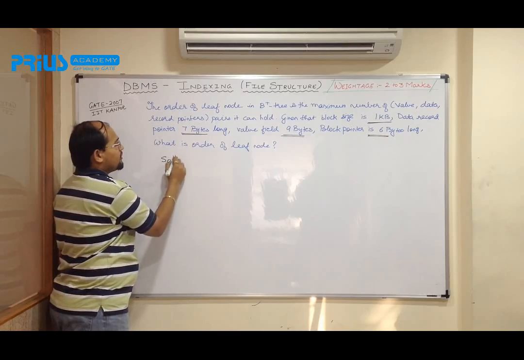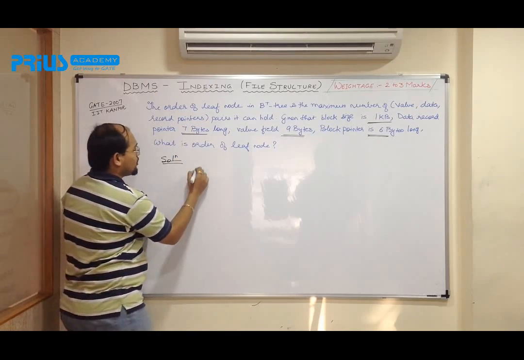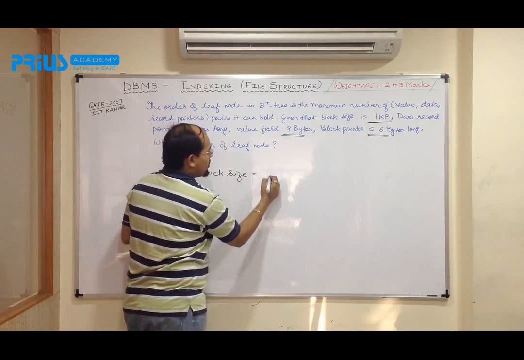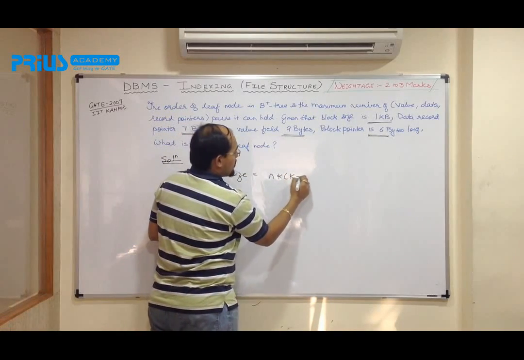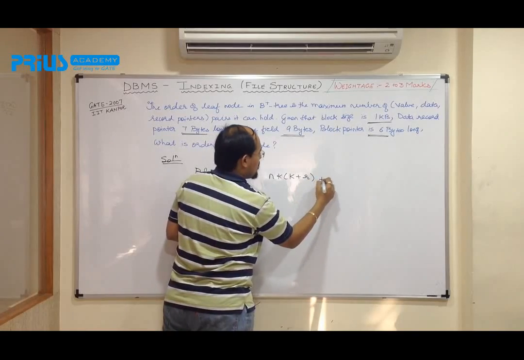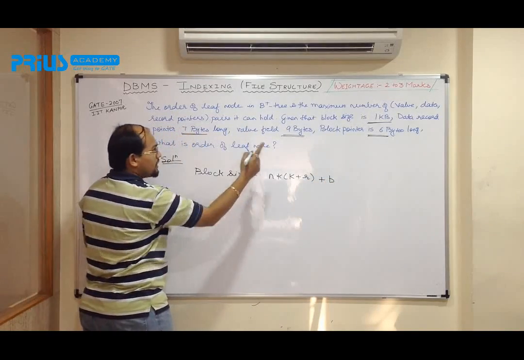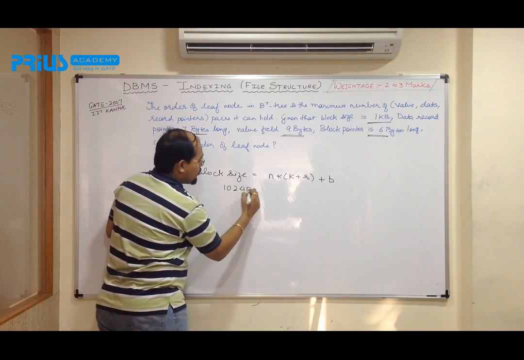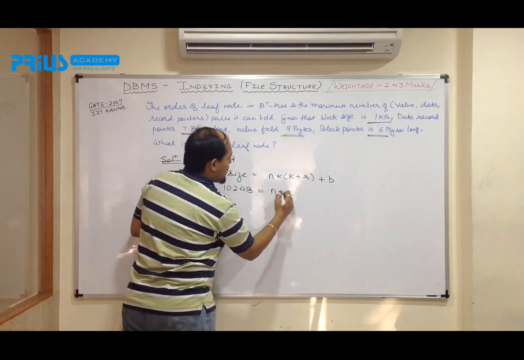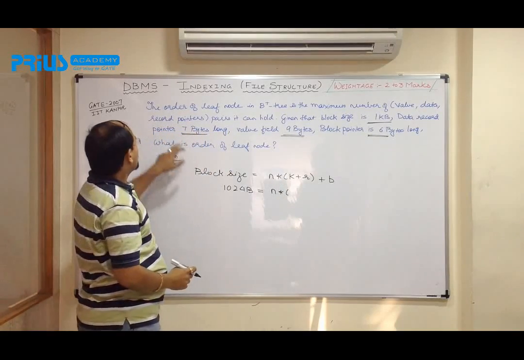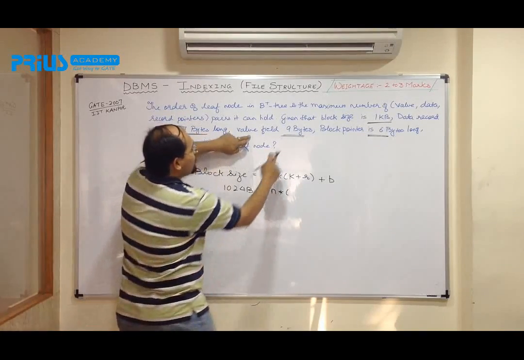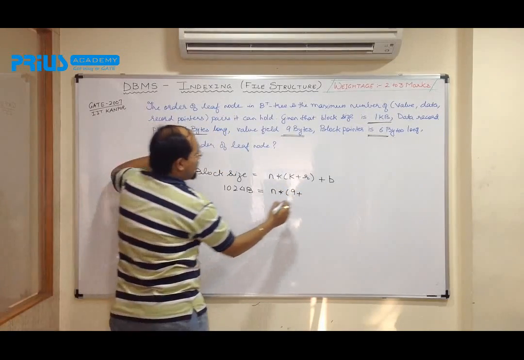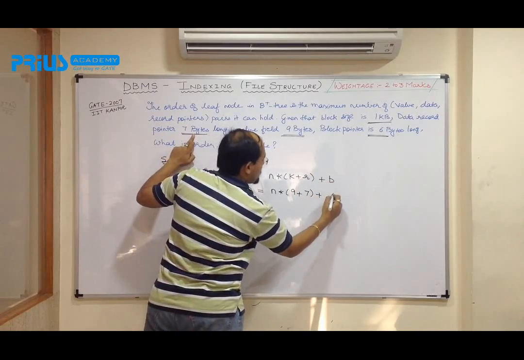So do you feel, is it simple now? What is the solution? We know the formula, block size is equal to n times (k plus r) plus b. Now what is the block size? It is 1k, and 1k is 1024. So 1024 bytes is equal to n into the key value, which is 9 bytes, plus the record pointer, that is 7 bytes, plus b, that is 6.